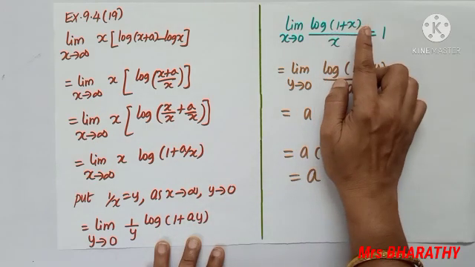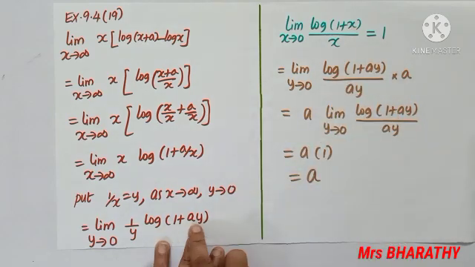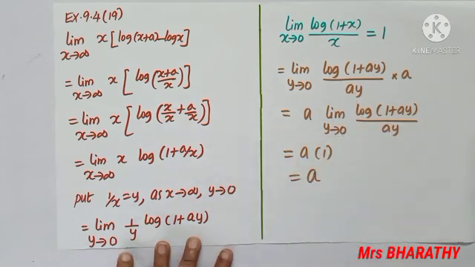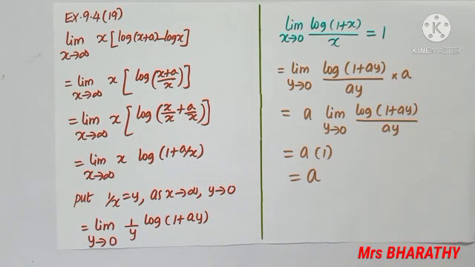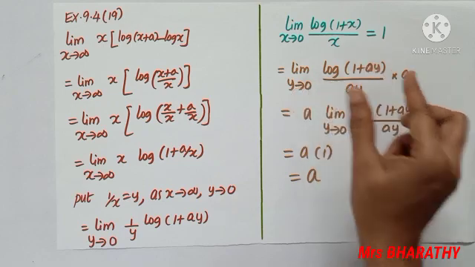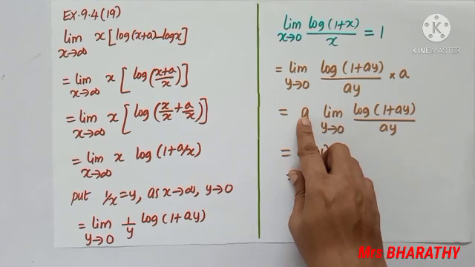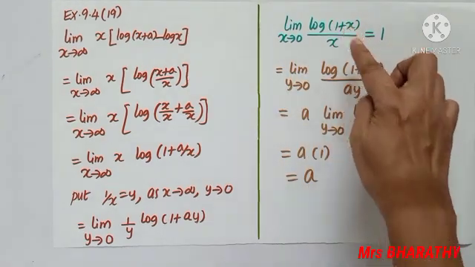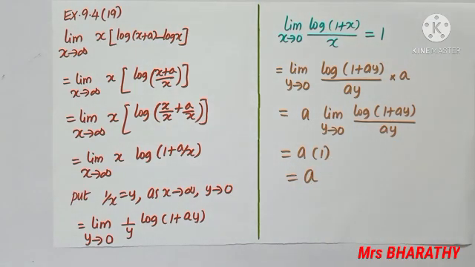See, 1 plus what should come in the denominator. In my question, I have ay. So what should I do? I want ay in the denominator, but only y is there. So multiply and divide by a, so that this entire thing reduces to 1. What is left out? A. So a into this full limit value becomes 1 by applying this formula. A into 1 is a, and that is the final answer.